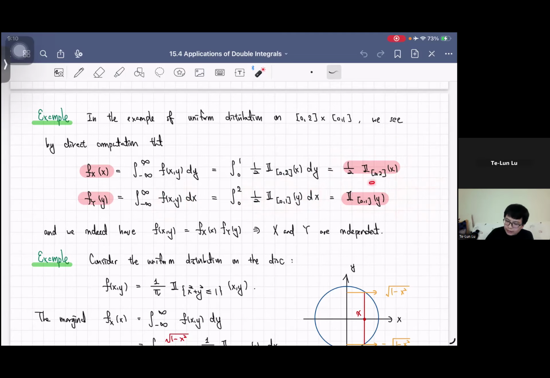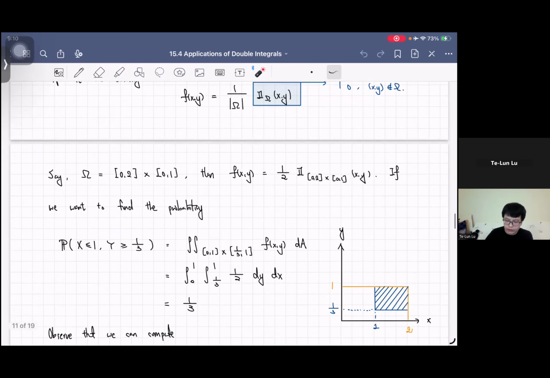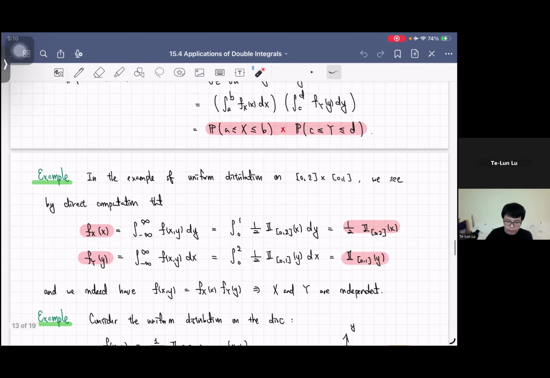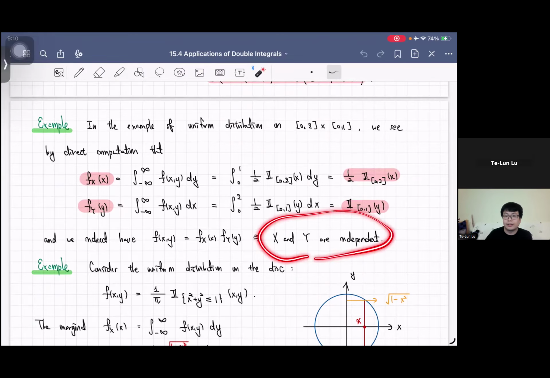So we see that this multiplied by this is indeed what we want, the joint density function that looks like this. So in our previous example, these two are indeed independent. The choice of the x coordinate and y coordinate is independent of each other, and their probability of being in different places can be computed by taking the product like this.